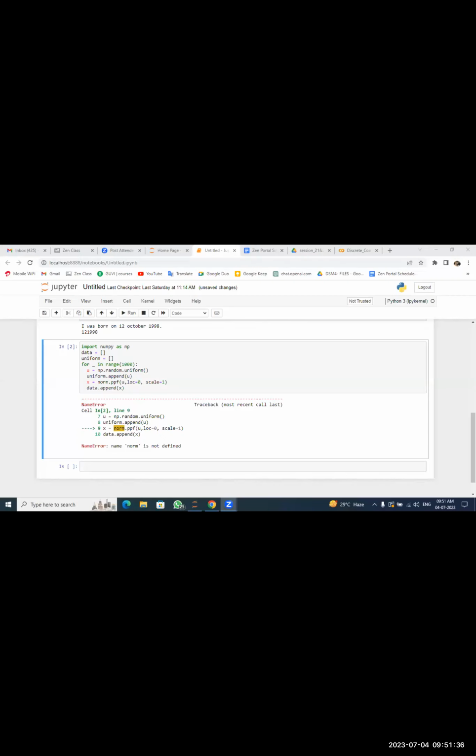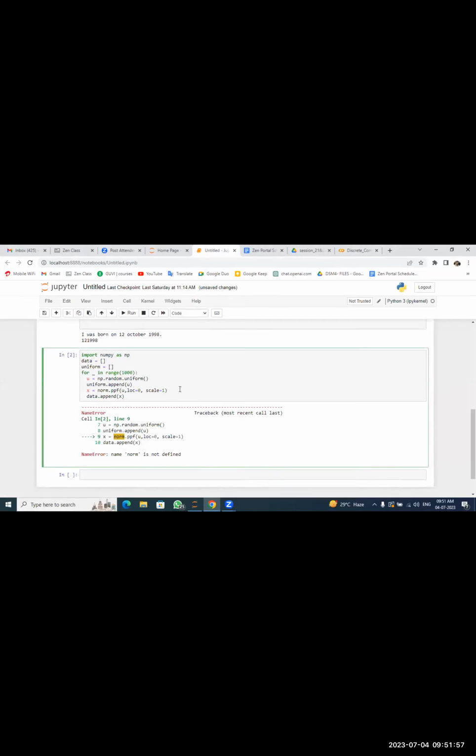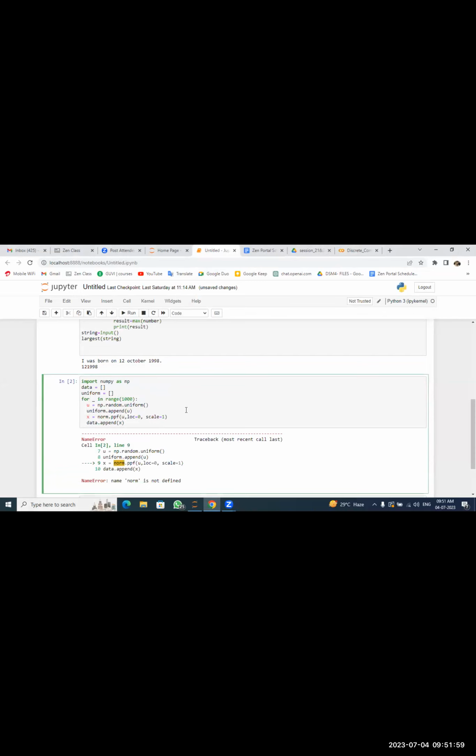You have to import another library called norm. Not only numpy as np, you have to import the norm library, that's from SciPy.